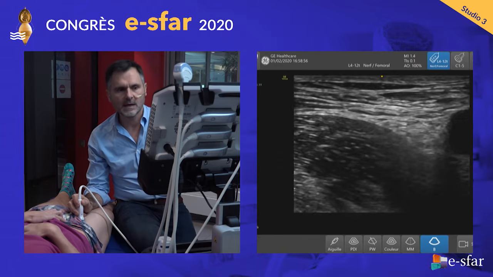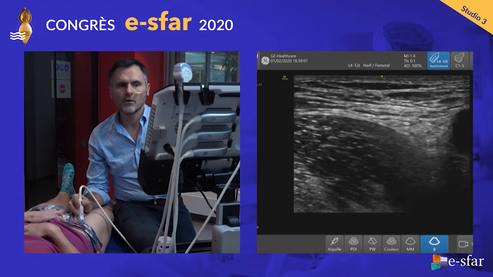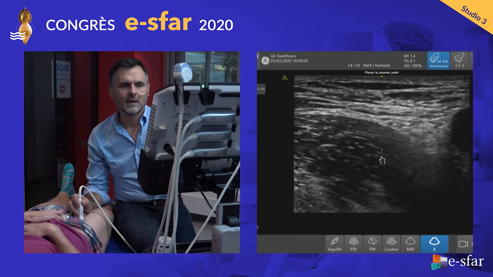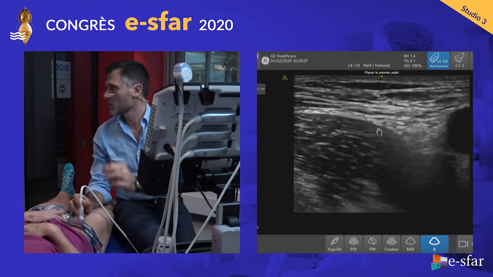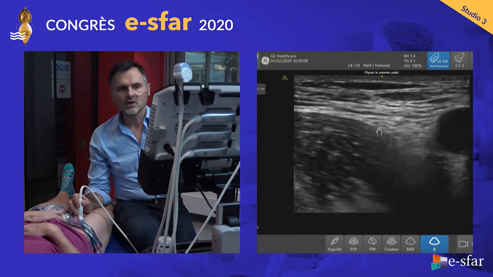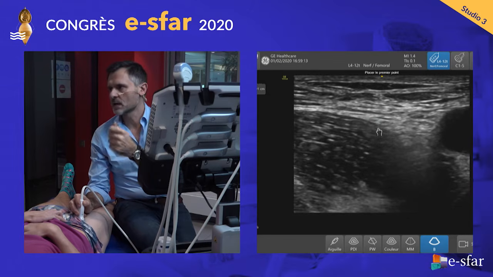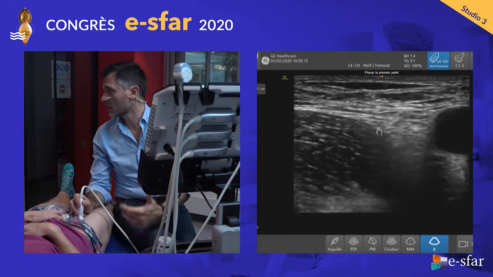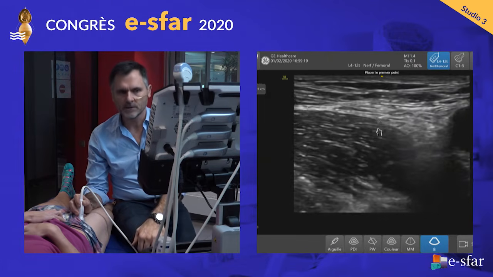In this case, we have to inject first in this corner of the nerve to avoid a direct puncture of the nerve, and we inject local anesthetic, and inside the spread of local anesthetic we will be able to move the needle, so it will be safe for the patient.